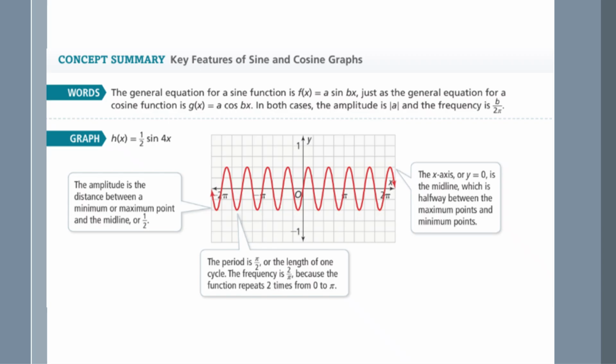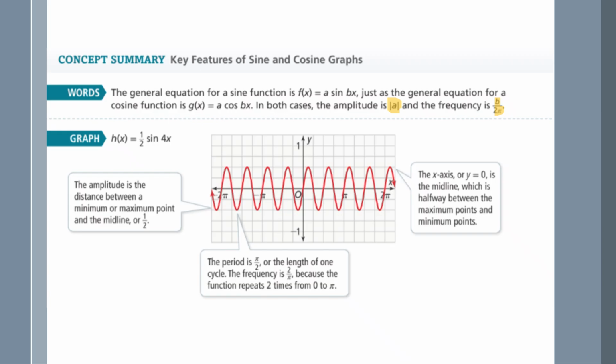In both cases, the amplitude is the absolute value of a, and the frequency, which is the multiplicative inverse of the period, is b over 2 pi. The amplitude is the distance, and this is just how they're defining it. You see this little example, this is just 1/2, and then the period being 2 pi.